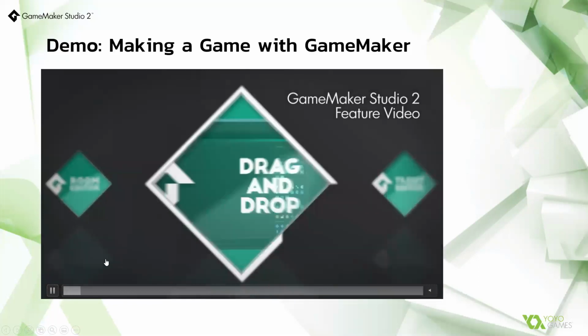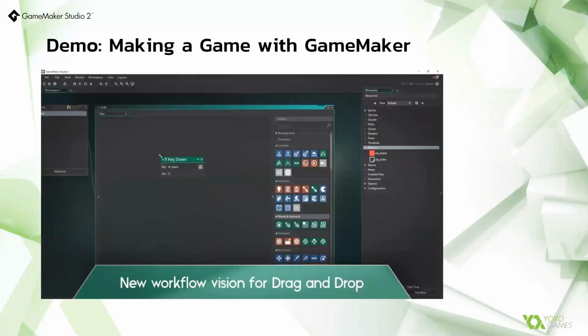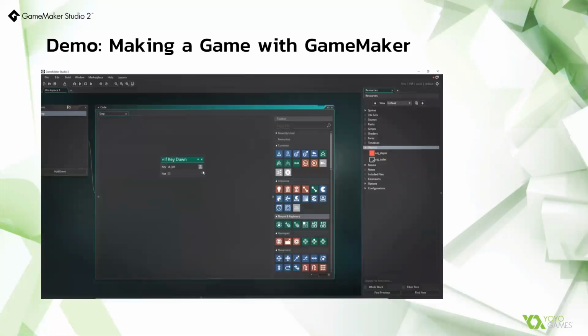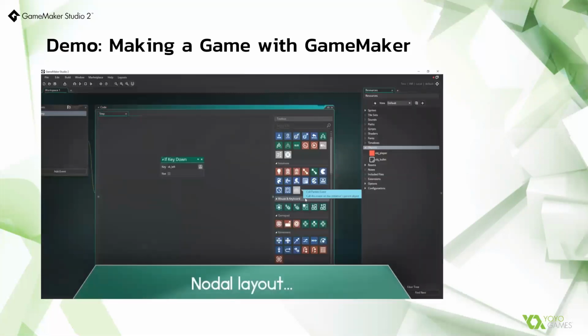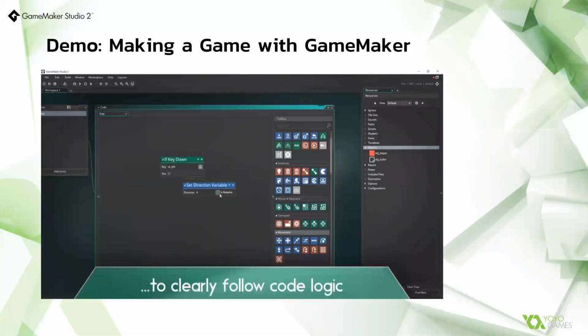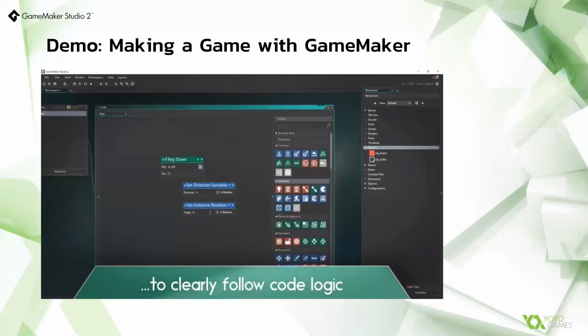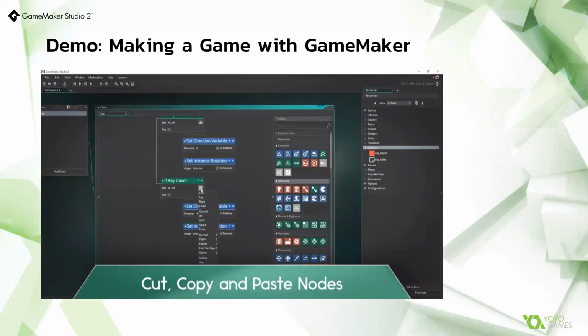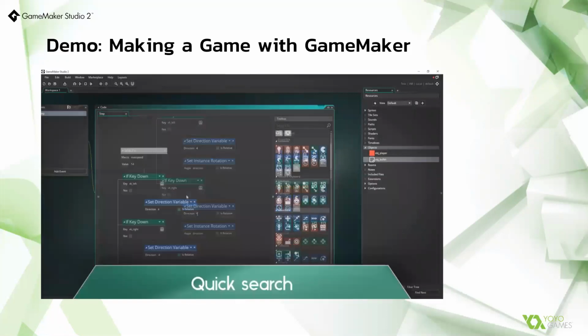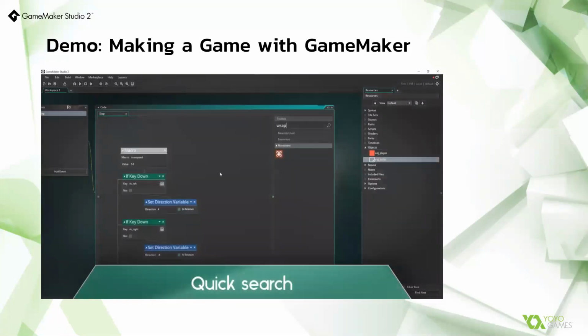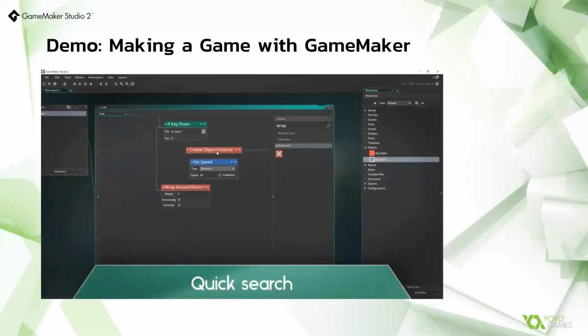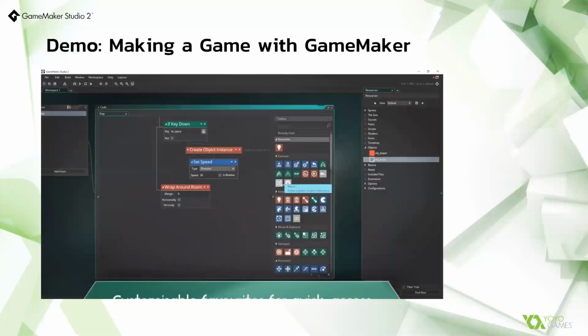So drag and drop is GameMaker's simplified programming model. Using a simple node network to represent blocks of programmatic logic. We include built-in code completion to aid construction so that it's easier to make logic. The editor supports common idioms such as cut, copy, and paste. There's a toolbox of easy-to-use commands that support common game programming requirements.